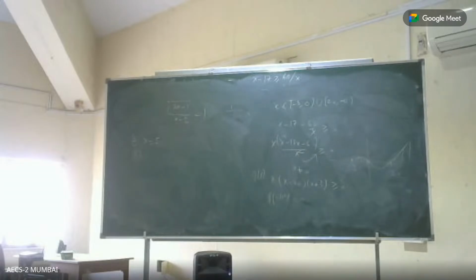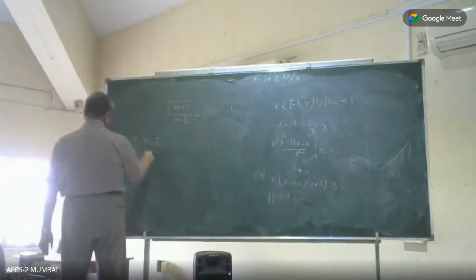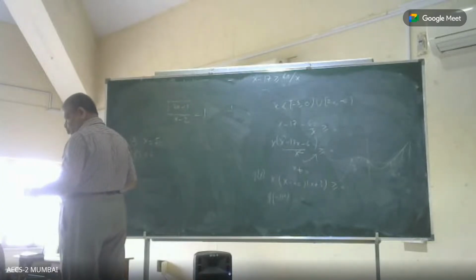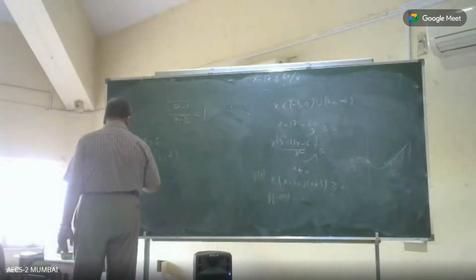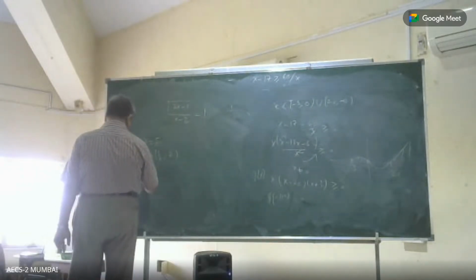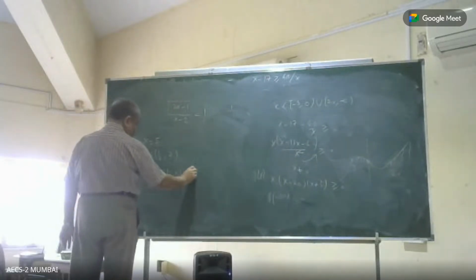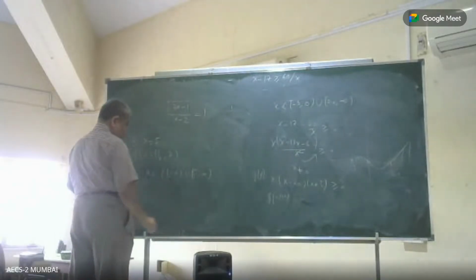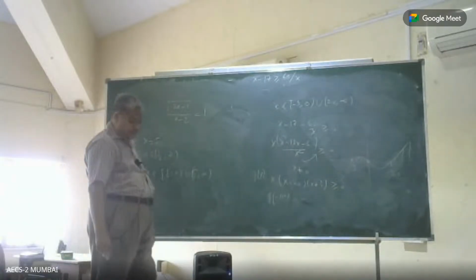X belongs to 1 by 2 to 2 union 5 and 3. Okay, what is your answer? Half to 2 union 5 and 3. 1 by 2 closed. Any other answer?